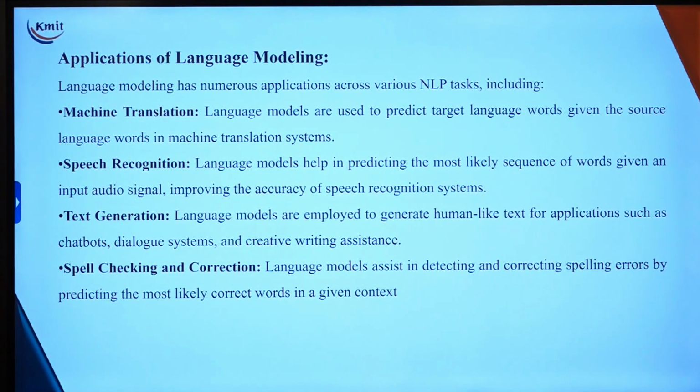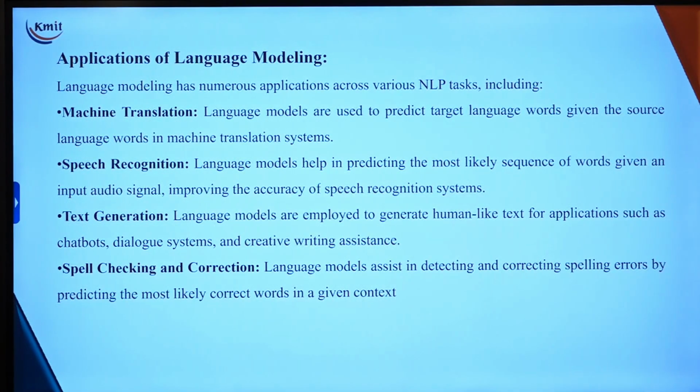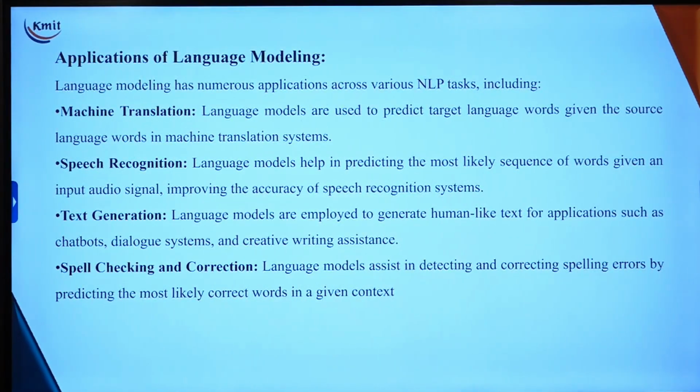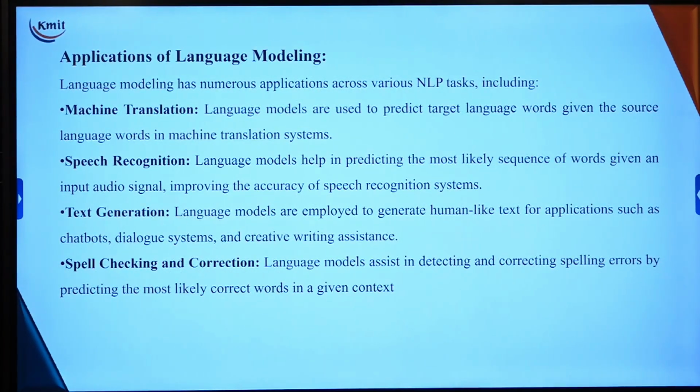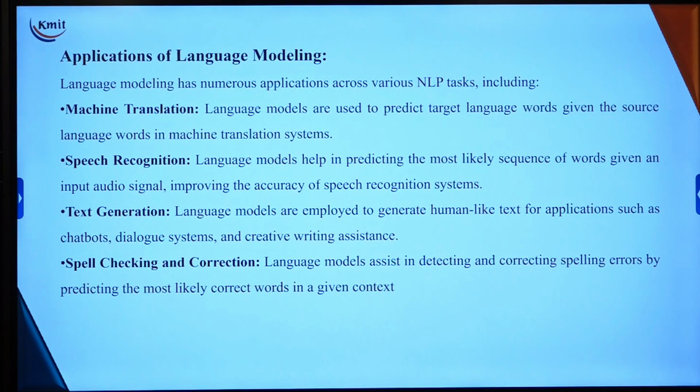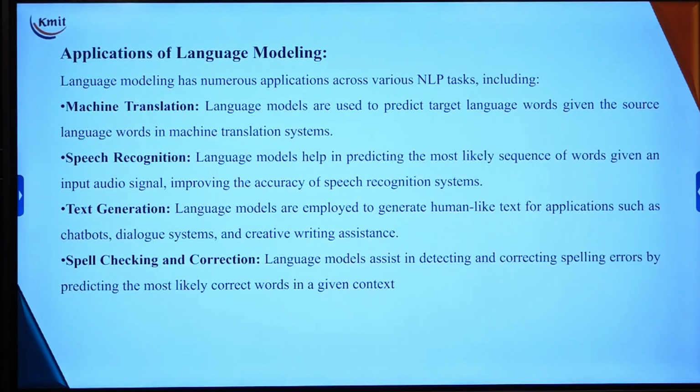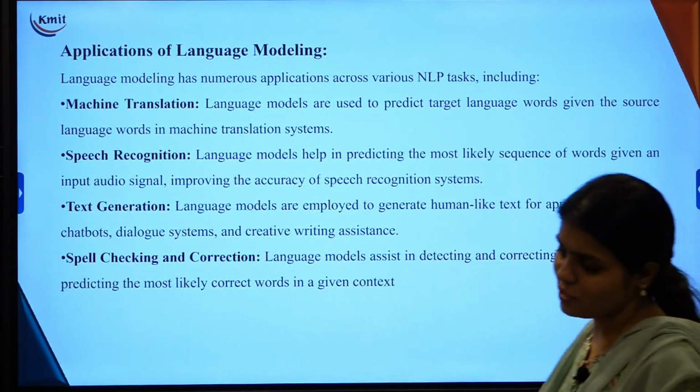As I told you, we have many applications of language modeling across NLP tasks such as machine translation, where we use language models to predict target language words. Let me give you an example.